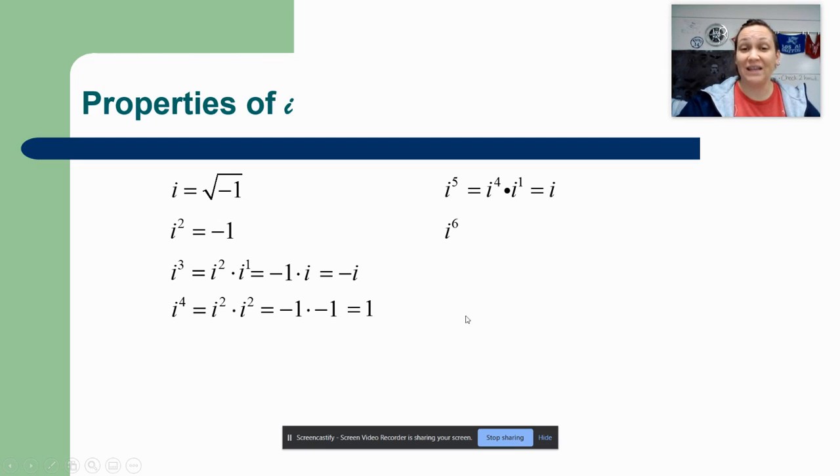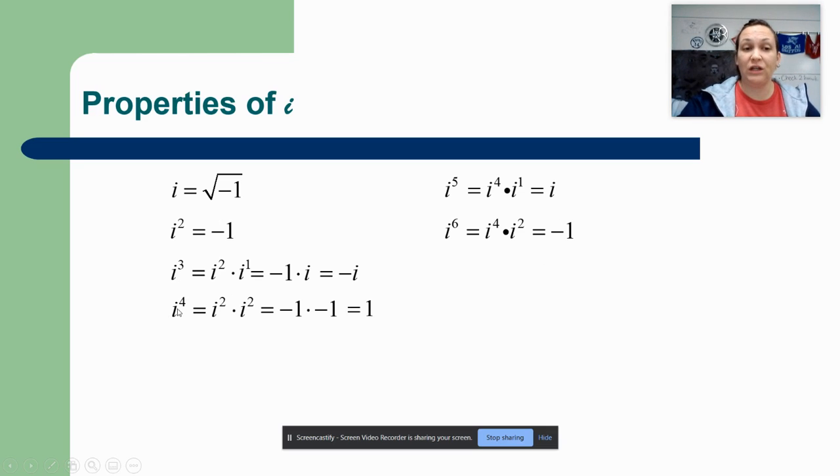And for i to the sixth, we can also use i to the fourth, which is just 1. So it's actually not going to change anything. And then 4 plus 2 is 6. So I'm going to do i to the fourth times i squared, which is essentially 1 times -1, and I get -1, which is the same thing I got for i squared. And this pattern keeps going.